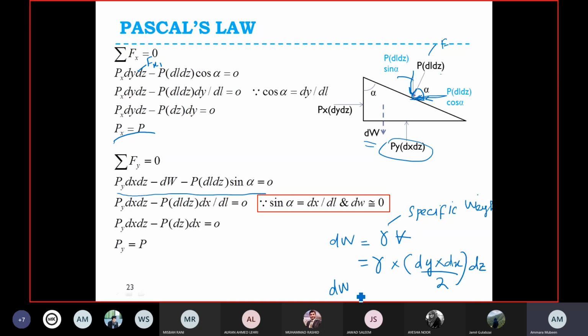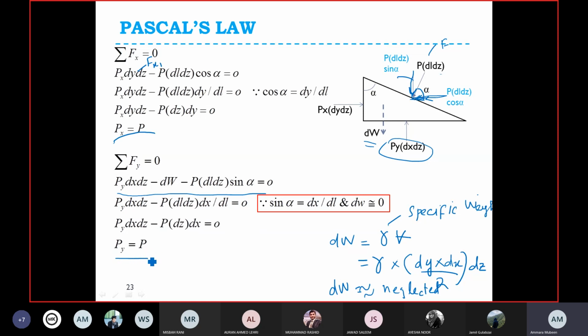So the weight of this differential element can be neglected as compared to the pressure forces applied from the side. So in the next equation, you can see that dW is being neglected, and on expanding the sine alpha into dx by dl, finally you get this.